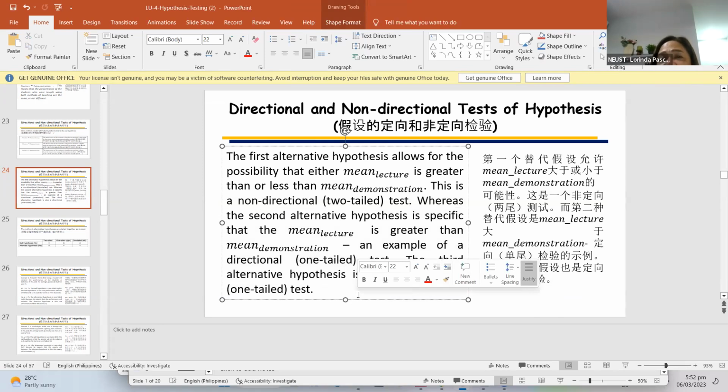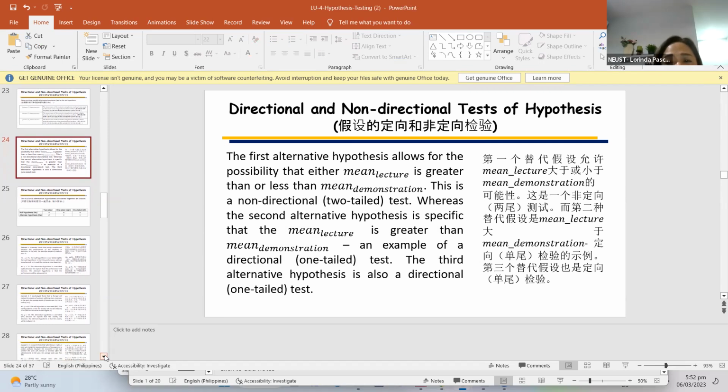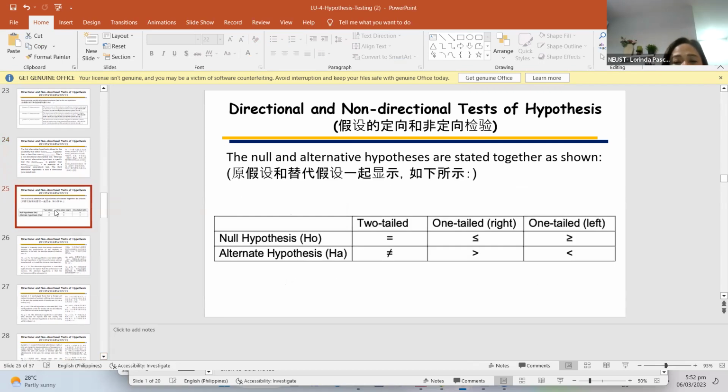So it illustrates what they mean by two-tailed test, which is without a priori expectation, and the other is a one-tailed test in which the researcher has a priori expectation or there is a direction. So that is a one-tailed test because it is a directional test. So yun ang ibig sabihin kung kailan natin i-conduct yung directional at saka non-directional test of hypothesis.